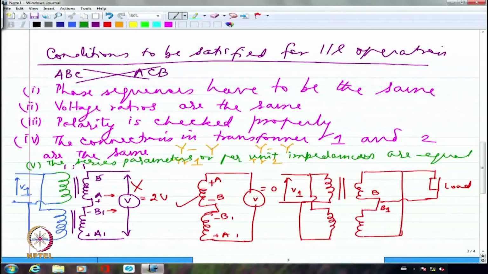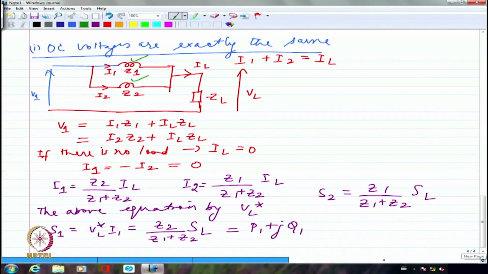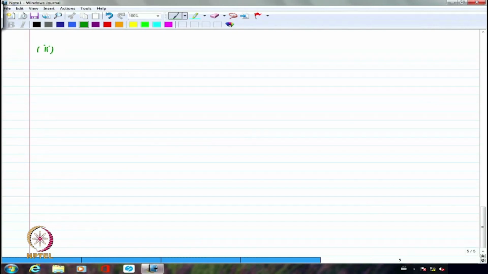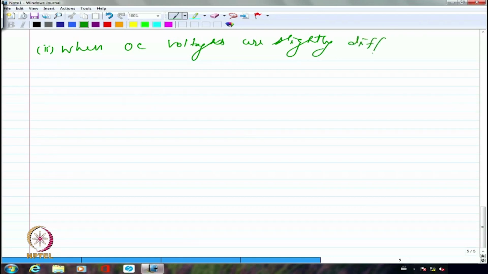The second case, now let us try to take a look. This is the first case where open circuit voltages are the same. The second case is when OC voltages are slightly different. So when I say that open circuit voltages are slightly different, I am looking at now the secondary side completely.